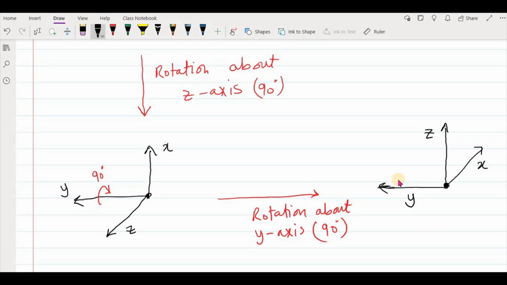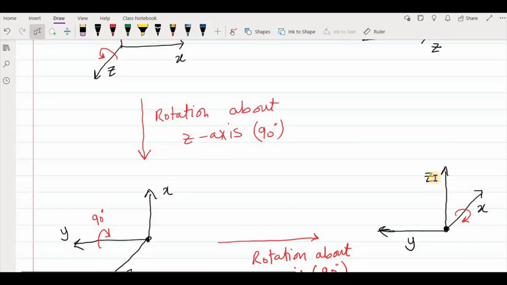So now what we have to do is one rotation about the x-axis, of course a positive rotation. Once we do this rotation, you see this whole frame will move along the x-axis, the z-axis will come here after the 90 degree rotation, and the y-axis will replace this z-axis.